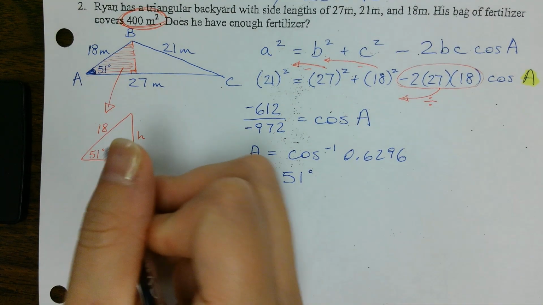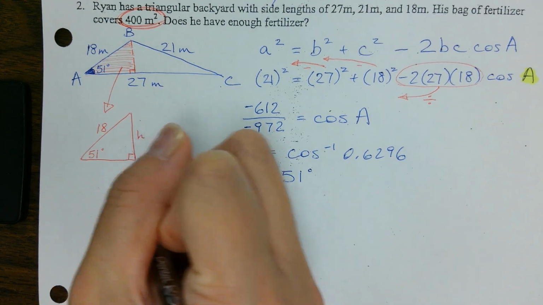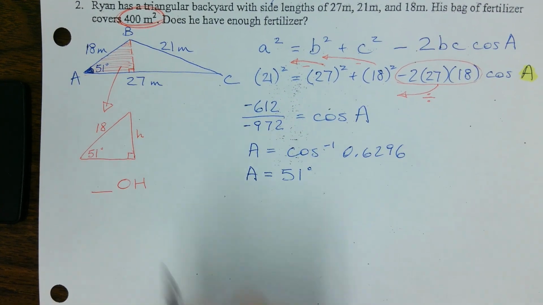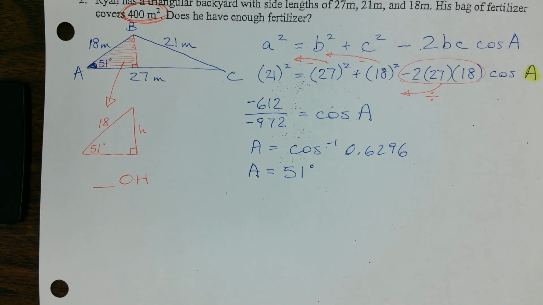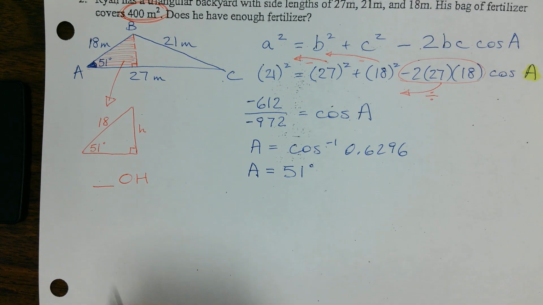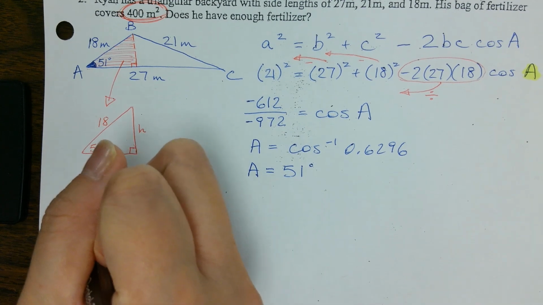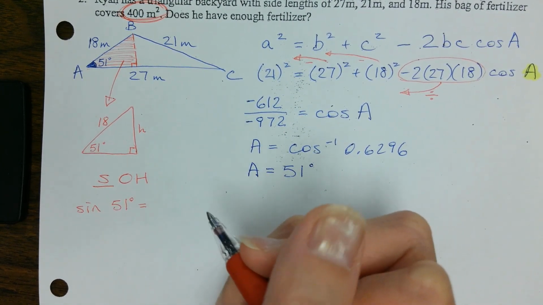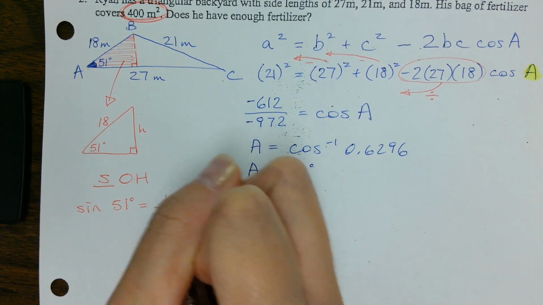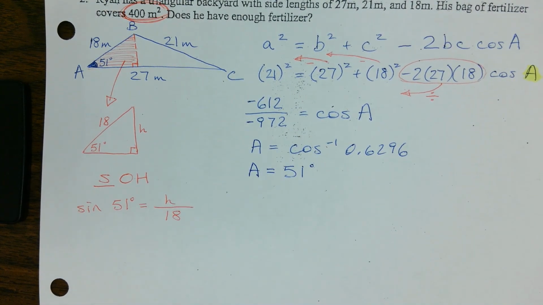So in this case, opposite, hypotenuse, which one do I do? Opposite, hypotenuse, sine. Yeah. So sine 51 degrees equals opposite over hypotenuse.